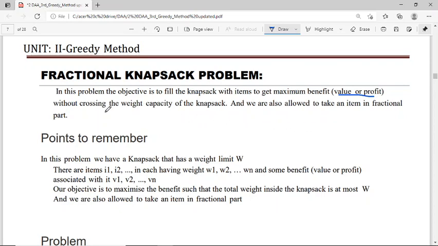Here it is telling us to fill the capacity. Take the example of a bag, and its capacity is 10.